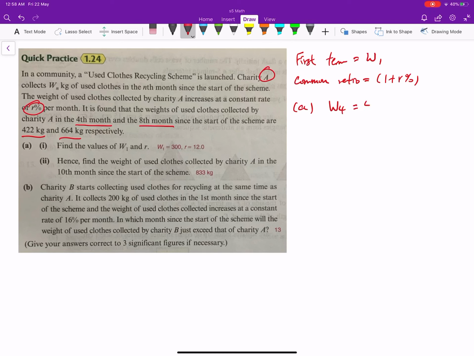So W4 is this. Then we can get W1 times the common ratio to the power 3. So we get equation 1 here. And then from W8 is 664, similarly we get this. So we get equation 2.